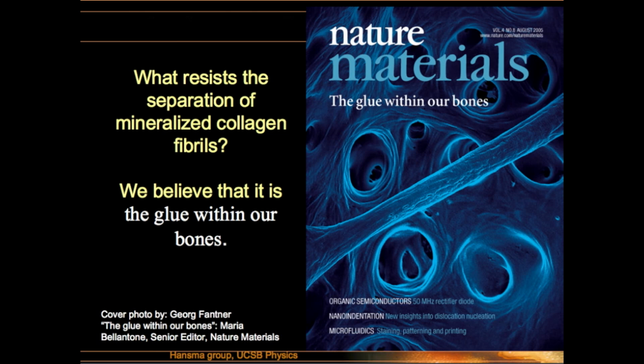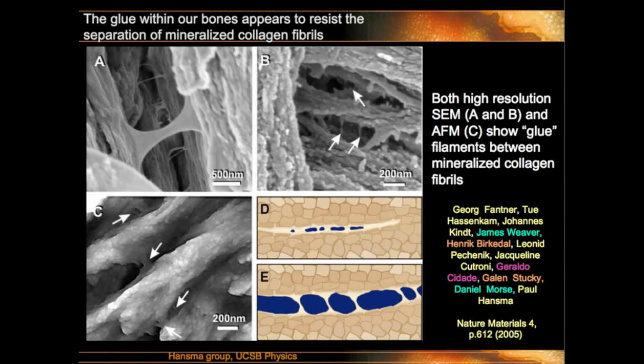It's a Nature Materials cover in which we gave what we believed was the answer. The glue within our bones resists the separation of mineralized collagen fibrils. We have high magnification images showing these mineralized fibrils that have been pulled apart during bone fracture, and what you can see is these little filaments of glue running between them. These are scanning electron microscope pictures for which the bone had to be dried, so that aqueous gel has evaporated, and what's left is the remnants of it in the form of these glue filaments between the mineralized fibrils.